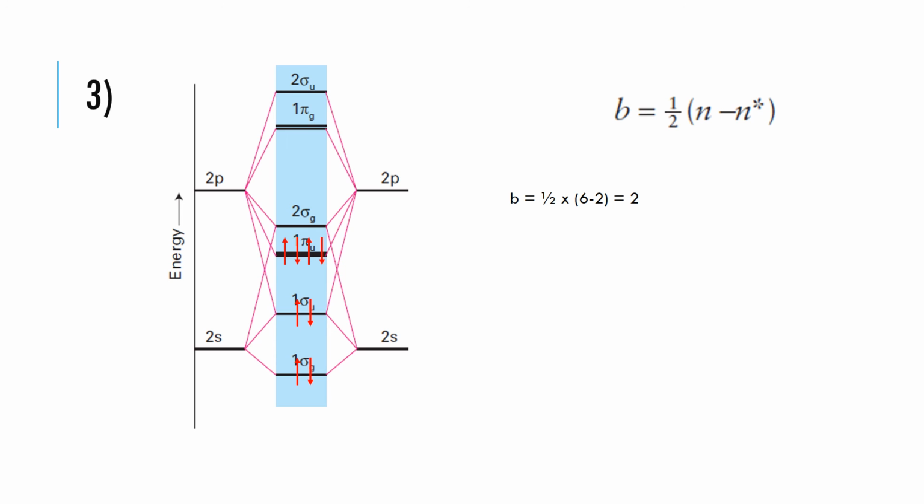When you construct that energy level diagram and you start filling this with electrons, remember, you know how many valence electrons are present in the system, so you just fill them up from the bottom with 2 electrons per orbital. You can calculate the bond order, and you know that you've got 6 electrons in bonding orbitals and 2 electrons in anti-bonding orbitals. So you calculate a bond order of 2.